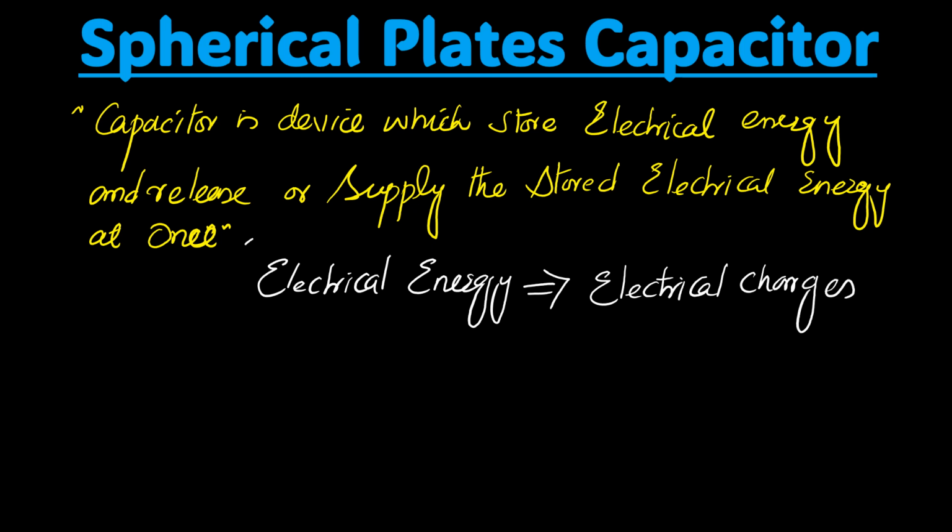So initially in capacitor, electrical charges are stored, and then at a particular instant, this capacitor basically transfers or supplies the stored electrical charges or the stored energy. And due to this, devices or electronic components which cannot run at lower current or lower voltage start to run.